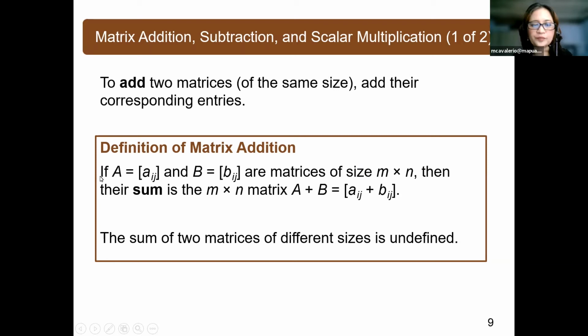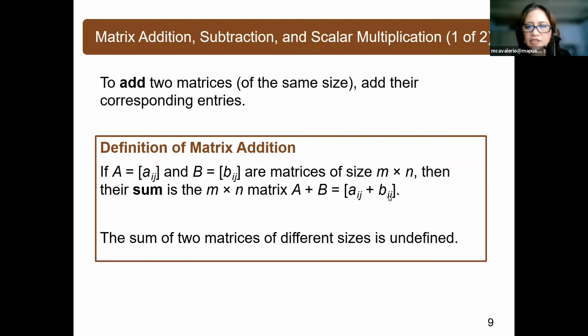Definition of matrix addition: if A is an m by n matrix whose entries are A sub ij, and B is also an m by n matrix with entries B sub ij, then the sum A plus B will have entries A sub ij plus B sub ij, for i from 1 to m and j from 1 to n. So the sum of two matrices of different sizes is undefined.